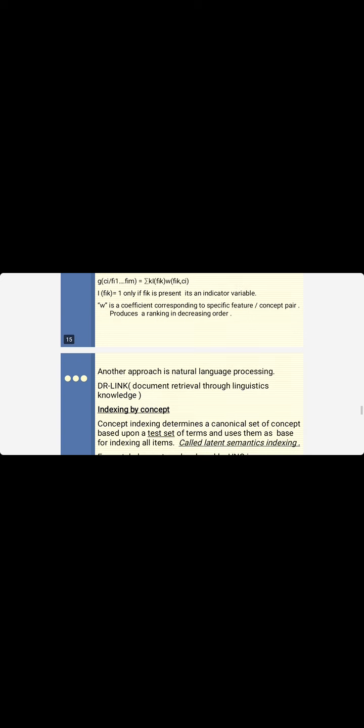Next we have another approach to defining these indexes to items via natural language processing. We have DR-LINK, that is nothing but document retrieval through linguistic knowledge. The system processes items at the lexical, semantic, syntactic and discourse levels.